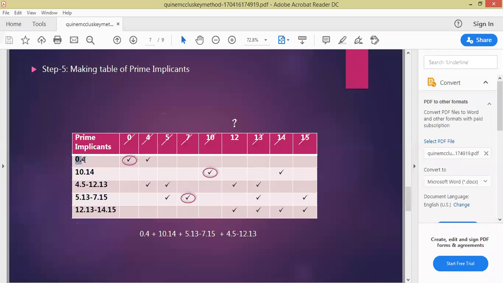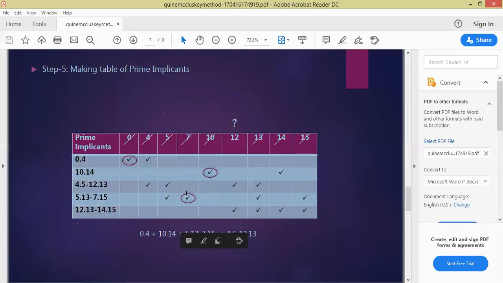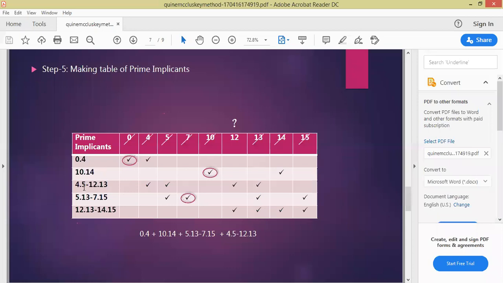If there is 0 over here, 0, 4, then we are ticking 0 and 4. 10 and 14, 10 and 14. 4, 5 is ticked, 12, 13 is ticked, 5, 13, 7, 15 is ticked, again 12, 13, 14, 15 are ticked.